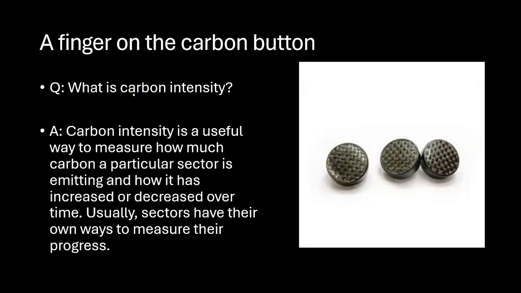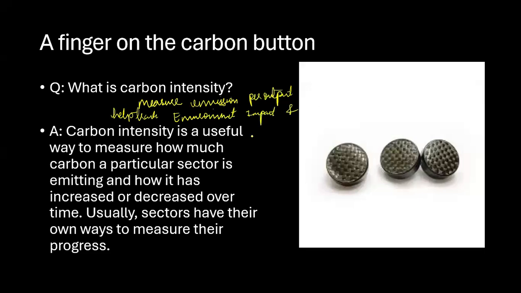So let us understand the meaning of what is carbon intensity. It is nothing but it measures emission per output, which is going to help us track the environment impact and climate change process.